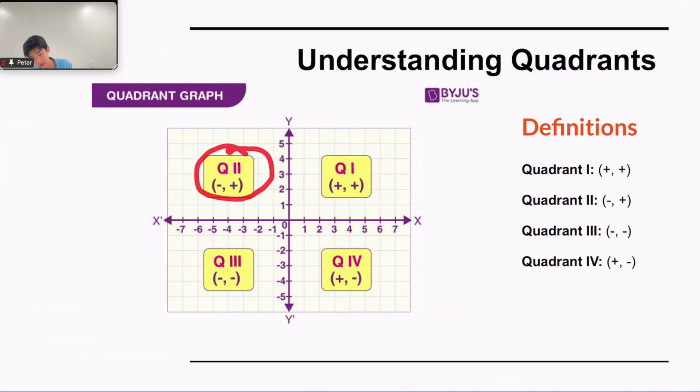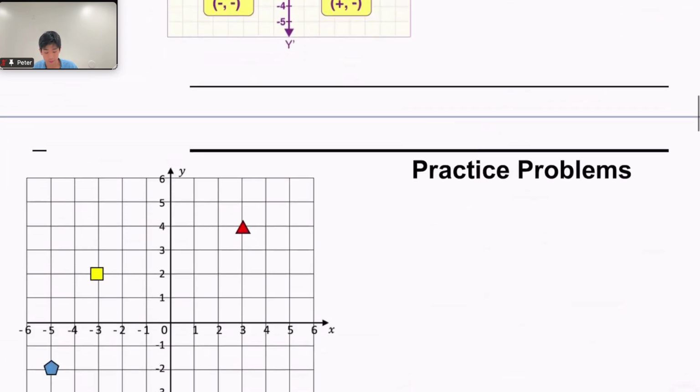So it's this section here, quadrant 2. In quadrant 3, both the x and y axis are negative, so it can only be this one. Quadrant 4, only x axis is positive and y axis is negative, so it's gonna be this one at the corner right there.